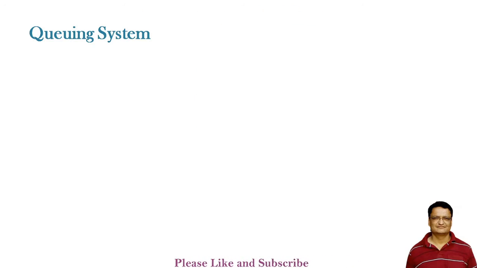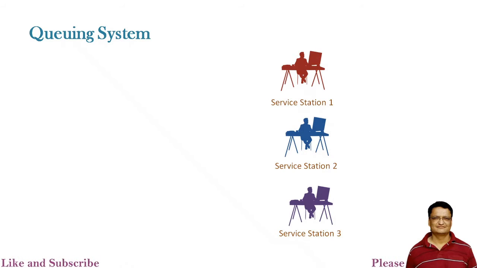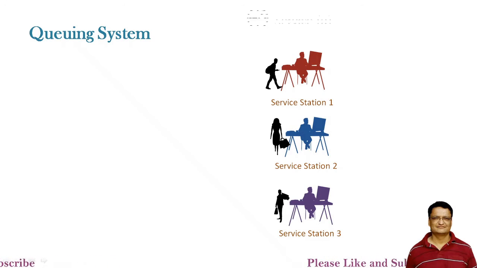So queuing system, let us try to understand more about this queuing system and why we need to study this queuing system. So what are the components of a queuing system? A queuing system has a service station. There could be one or many service stations as per the requirement, and there will be some customers who are getting the services at these service stations, which is associated with certain time.